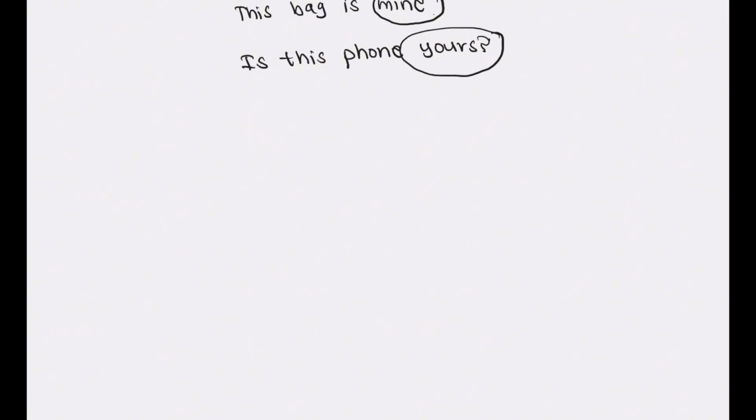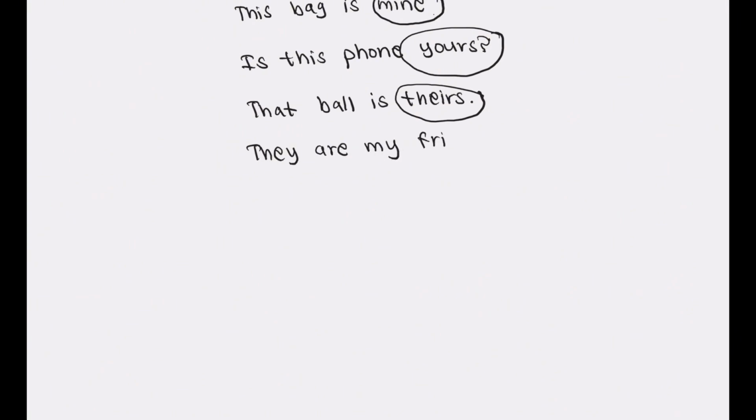That ball is theirs. It belongs to them. They are my friends. Possessive pronouns show who owns or controls something without needing to say the noun again.